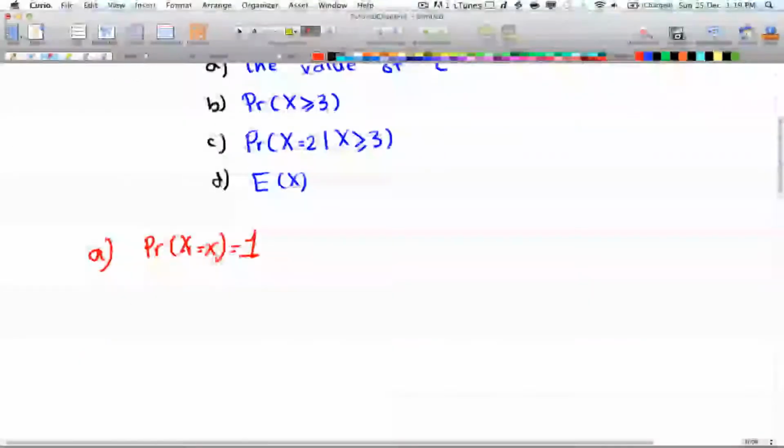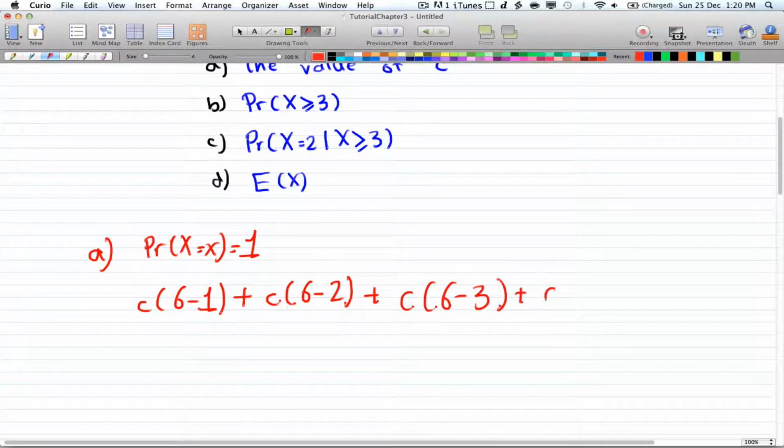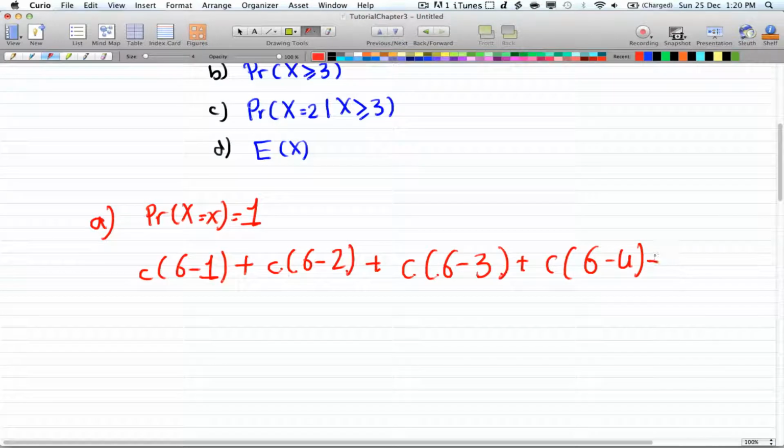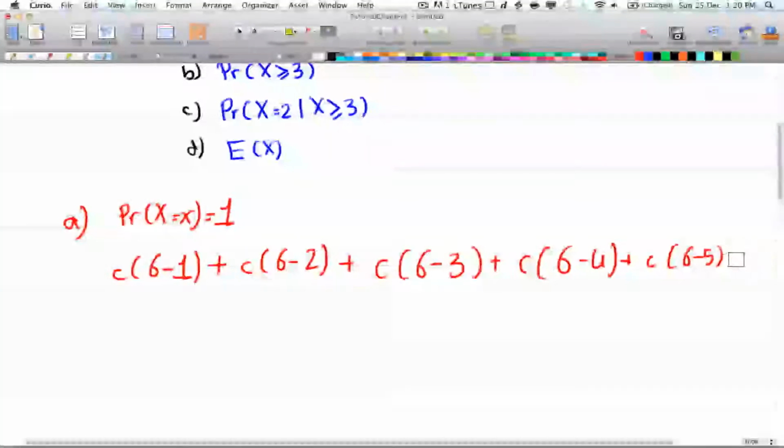You have c times 6 minus 1 plus c times 6 minus 2 plus c times 6 minus 3 plus c times 6 minus 4 plus c times 6 minus 5, and that should be equal to 1.